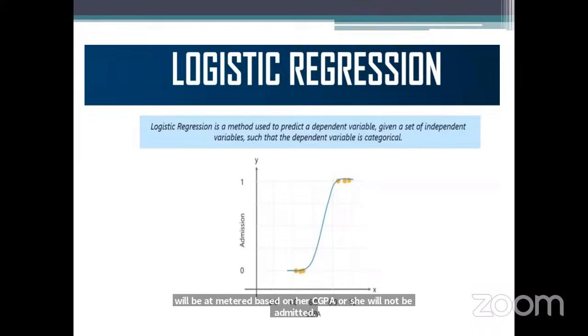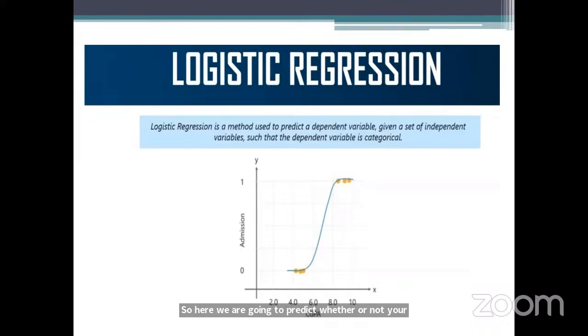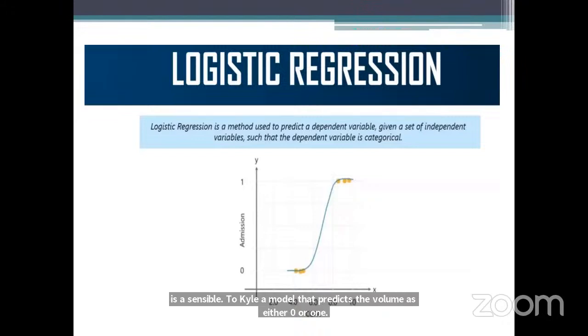So here we are going to predict whether or not your sister is going to get into the dream school. That is clearly a categorical outcome. When the outcome takes only two classes of values, it is sensible to have a model that predicts the value as either 0 or 1, or in a probability form that ranges between 0 and 1.